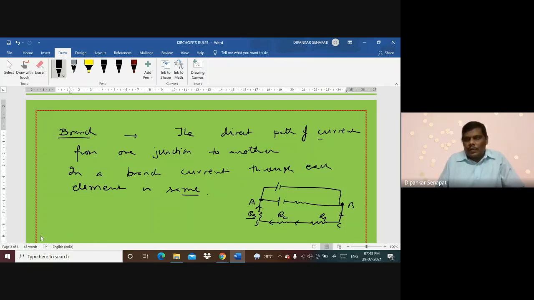If here is current 1 ampere, here also current 1 ampere. Okay. This is a branch.